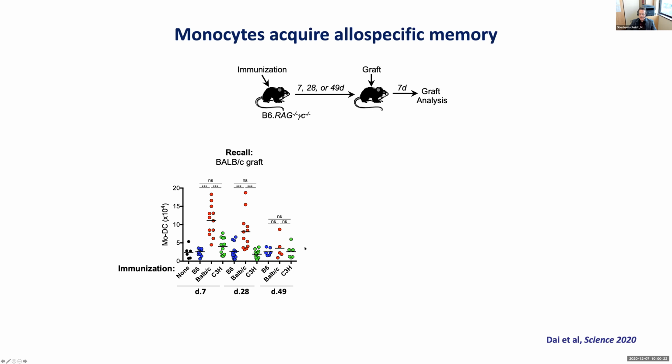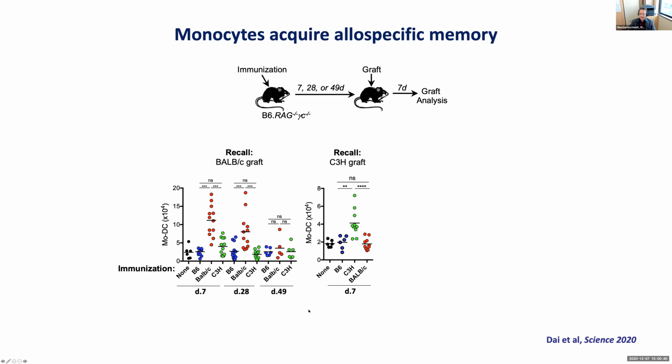Around day 49, we could not detect significant differences anymore, potentially indicating that the memory response we saw here is fairly short-lived, at least when you compare it to adaptive immune cells.